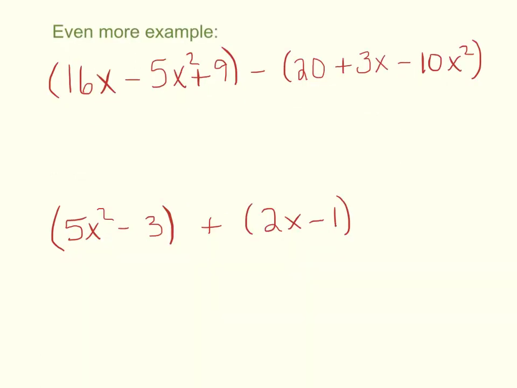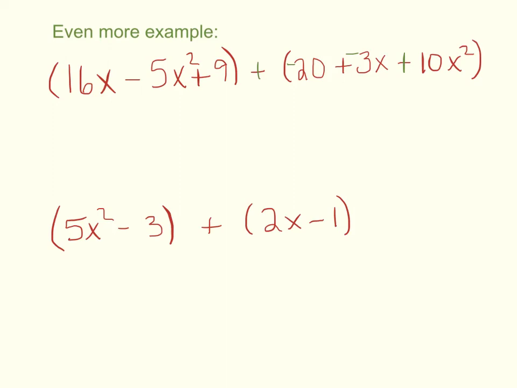So here are our last two examples. In the first example, you can see that it's subtraction. So I'm going to go ahead and change it to addition of the opposite of these. So it's going to become addition, and then I'm going to change this to a negative, this to a negative, and this to a positive.